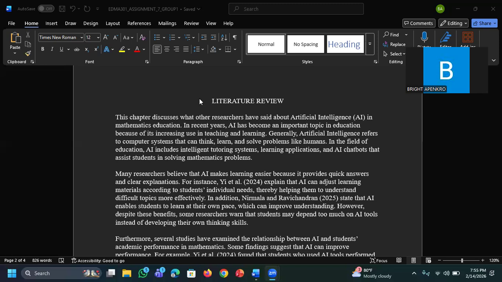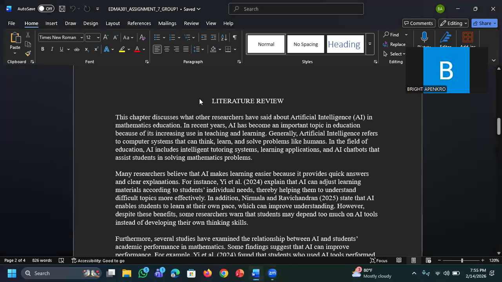So we started to look at 5 different articles to see whether there are really gaps in them. But now, let us look at the definition of AI. Now, what is AI? AI, artificial intelligence. So we are saying that AI is a tool that students use to learn.